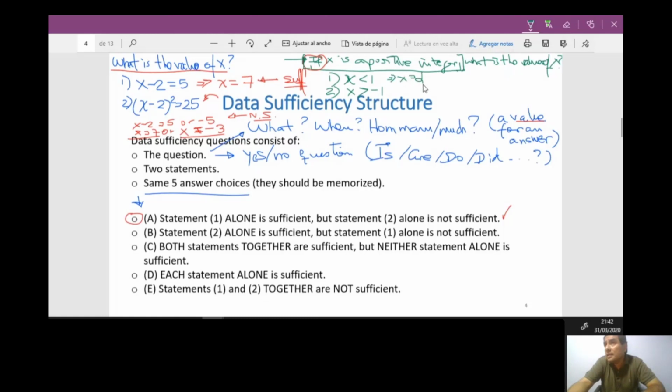Well, can anyone tell? What are possible values of x if we consider that x is a positive integer? Oh, sorry, let's remove this restriction here. Otherwise, it will make no sense. Just an integer, okay? X is an integer, and we have that x is less than 1. Possible values of x.